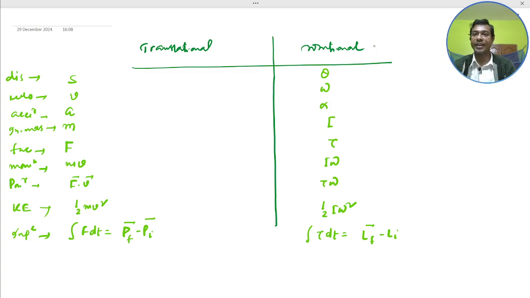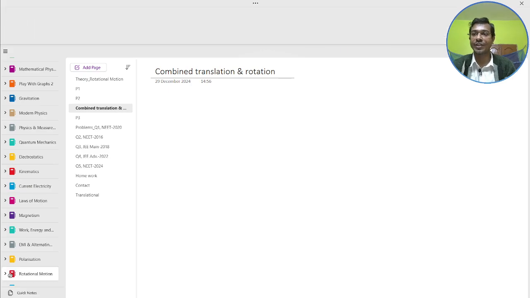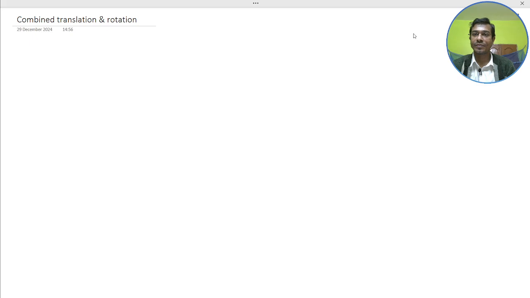So go ahead to our next topic, the combination of translation and rotational motion. I just draw a line for your better clarification. The combination of translational and rotational motion: first of all, translational plus rotation is equal to combined translational and rotational.